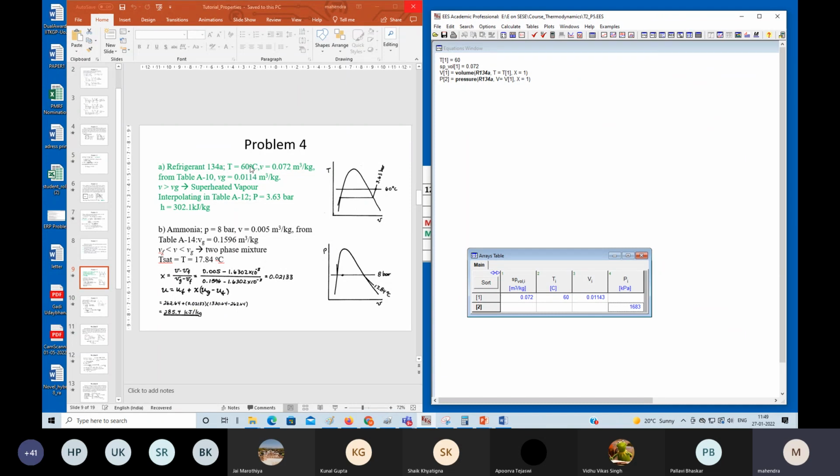That is representing superheated state, but the saturation pressure we have to calculate, and we need one more particular point over here, which we don't have. So let us go to problem number 5. I'll try to solve this and then I'll send you the answer also.